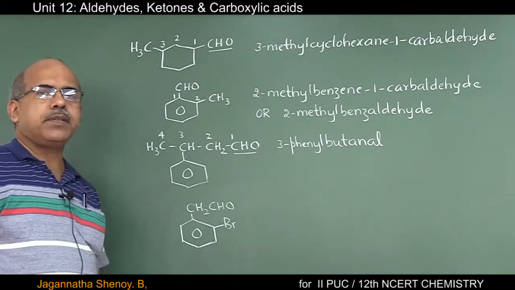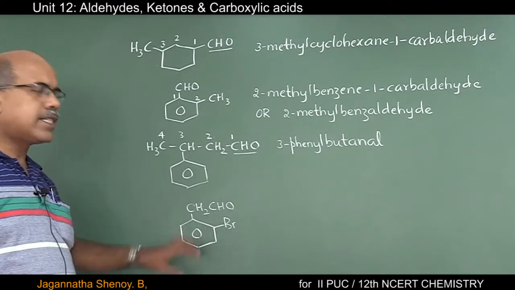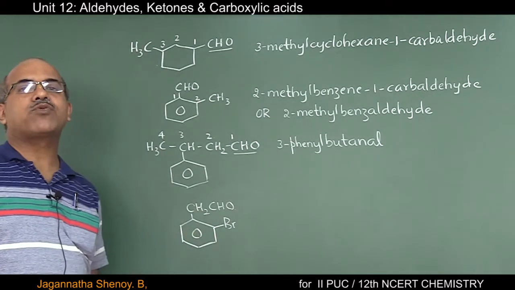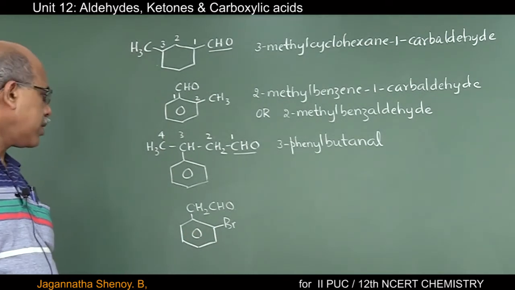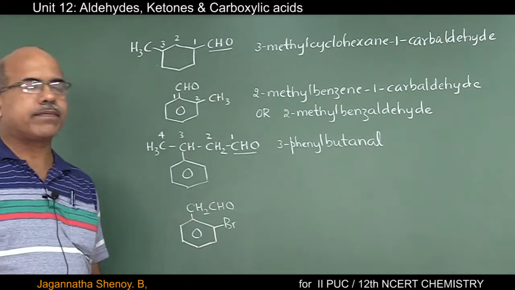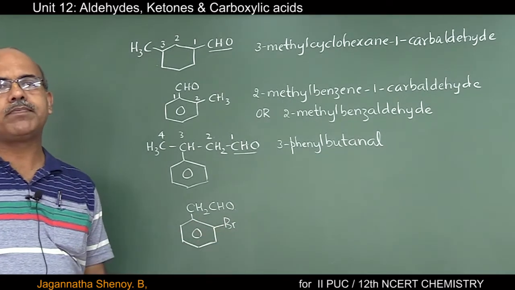Going to the next example, here again the same condition. The ring system has 6 carbon atoms, whereas the open chain has only 2 carbon atoms. The open chain has a principal functional group CHO, but the ring system has only a substituent bromo group.